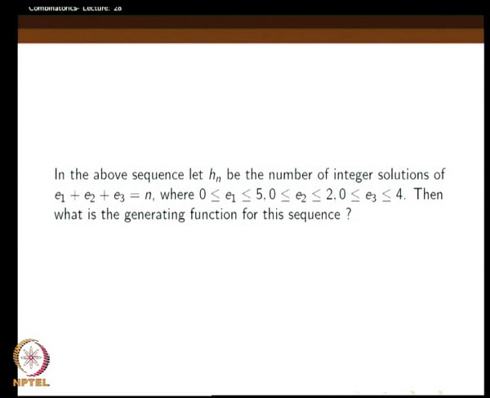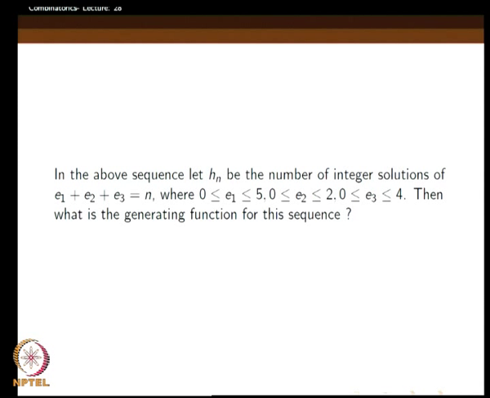In the above sequence, let hn be the number of integer solutions of E1 plus E2 plus E3 equal to n. I am taking k equal to 3 now for simplicity. Now E1 cannot take any non-negative integer value; it is restricted to be between 0 and 5.